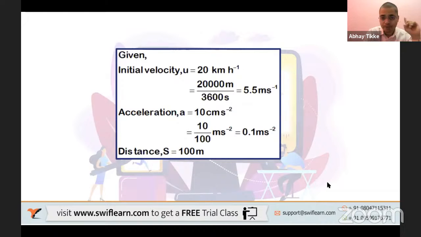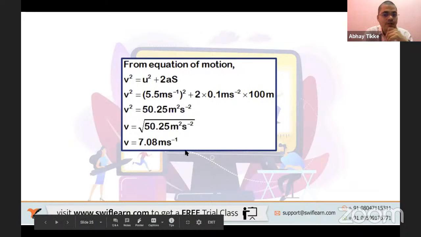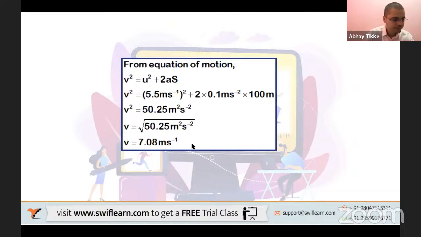That you have to keep in mind. Okay, then use this equation v square equal to u square plus 2as and do the calculation. You get v equal to 7.08 meter per second. Is that clear? Any doubt so far? Yes. Okay, let us go ahead.